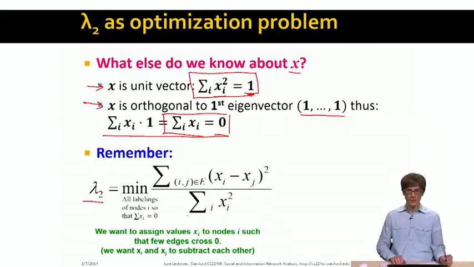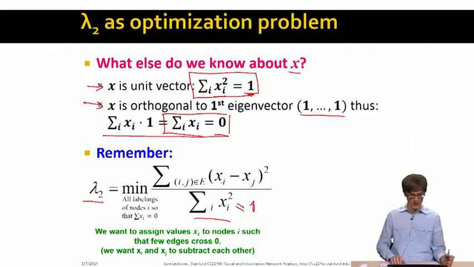At the bottom, we are dividing by X transpose times X, which is simply the sum of the squares of the entries of vector X. We already know that this should be equal to 1, so this is 1. All that is left is the summation over all the edges, where I take the differences of the edge endpoints.